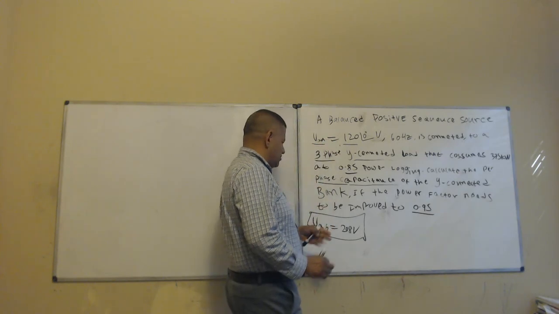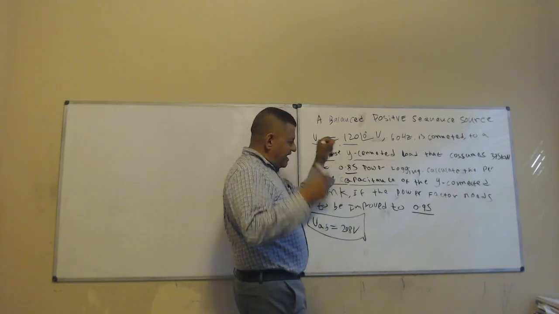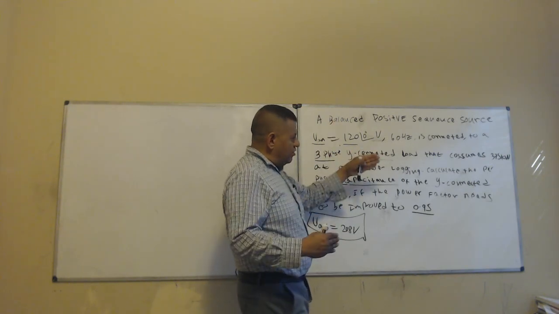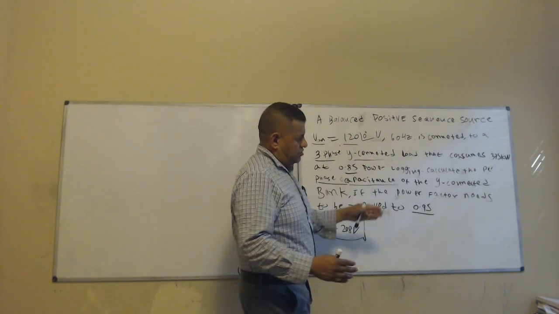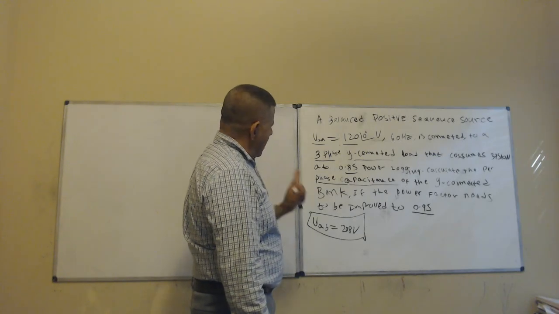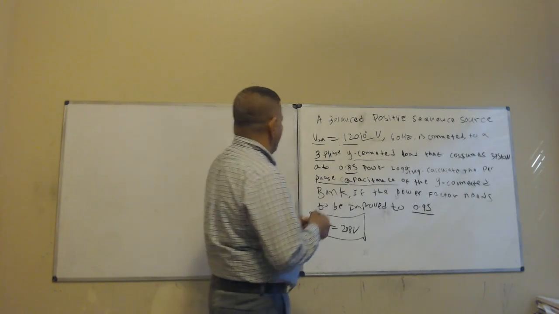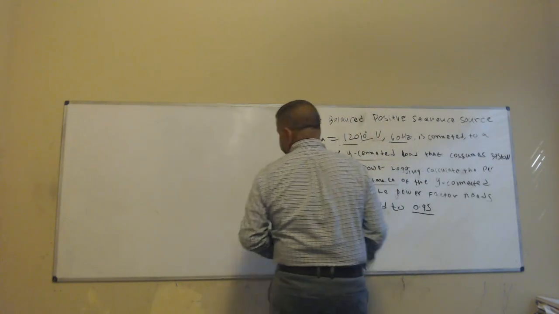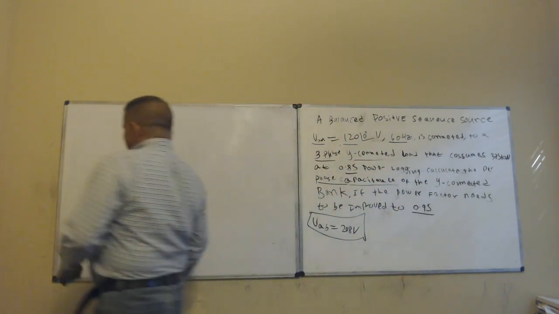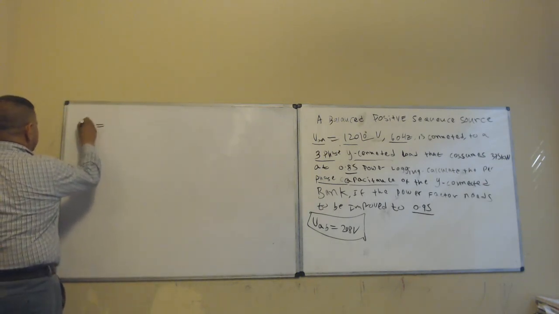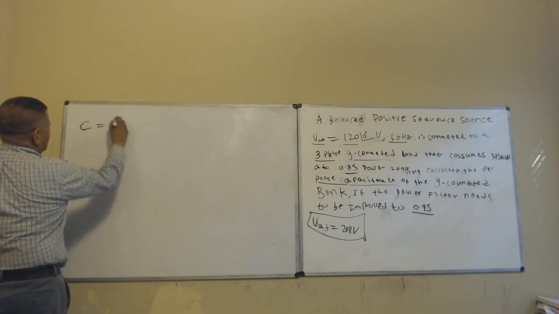VAN is the neutral, so line to neutral is 120 volts. Between line to line or phase to phase is 208. This is important. So we have what else? We have this, and we have these two. Now what I will do is I can say that C is equal to what?